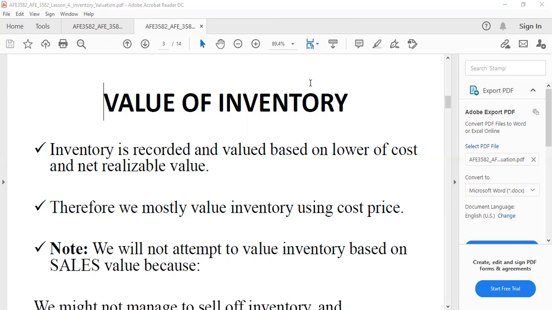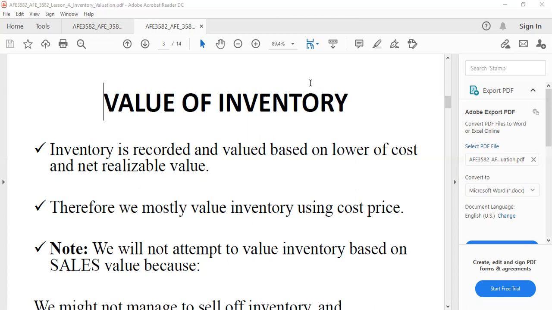No. What you need to do is value it at its cost. Meaning that if you bought 5 pairs at $50, then you have to value your inventory at $250. That is the cost. You cannot value it at the selling amount because you are not certain whether you will really sell all the shoes.